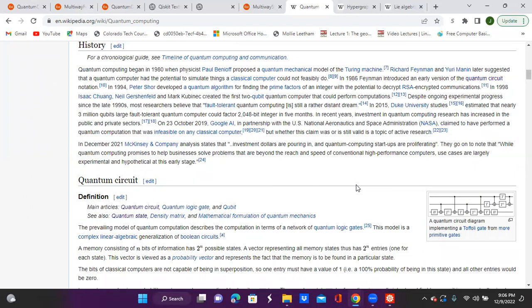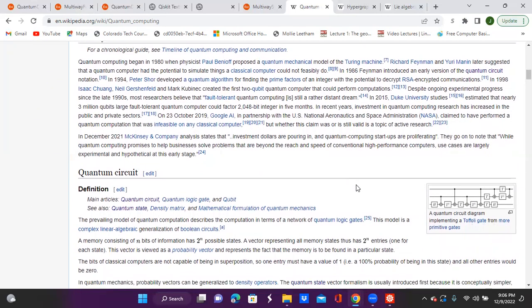So quantum computing began in 1980. I think it was a little before that too. The idea was around before 1980.